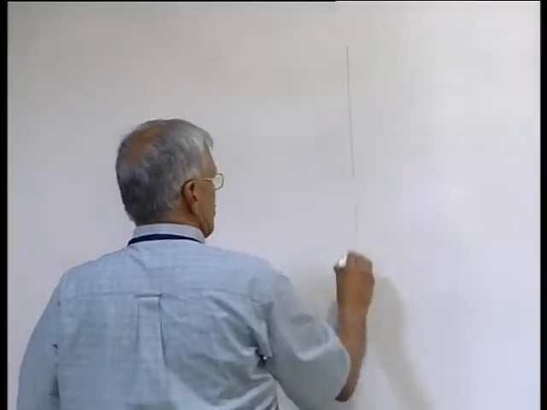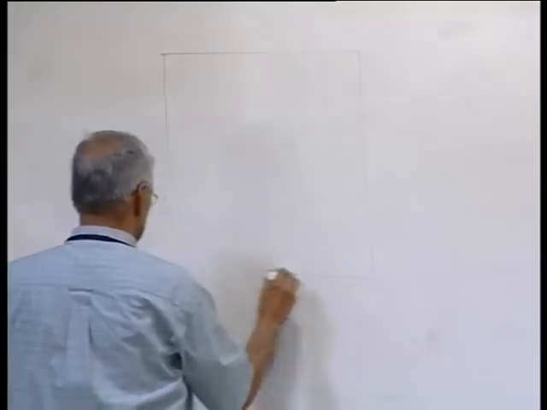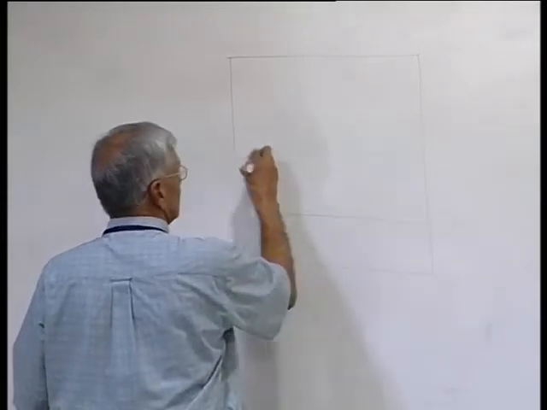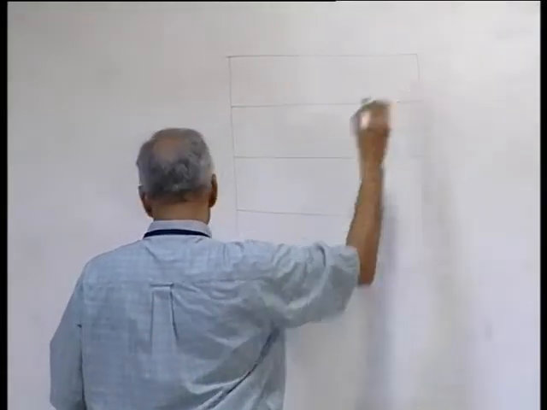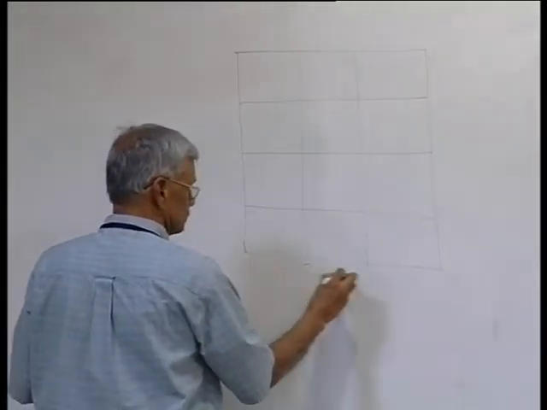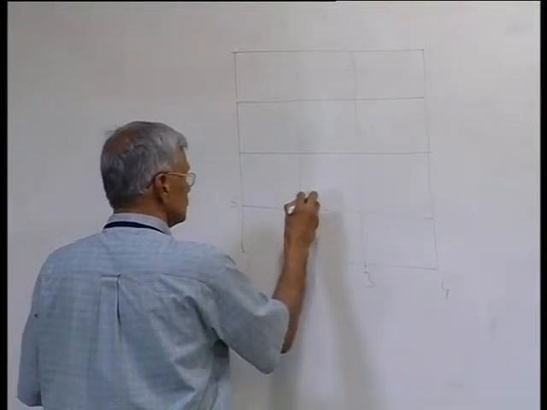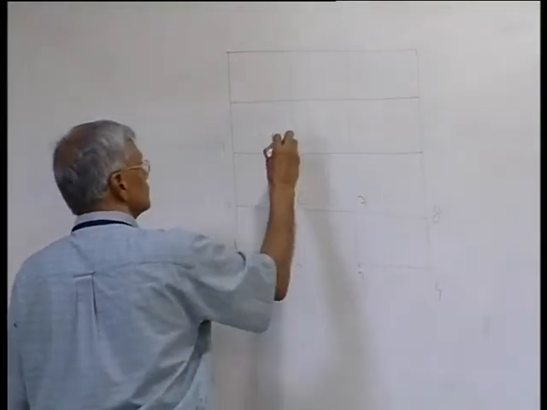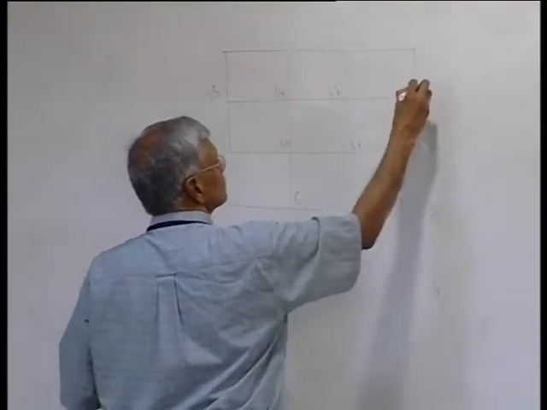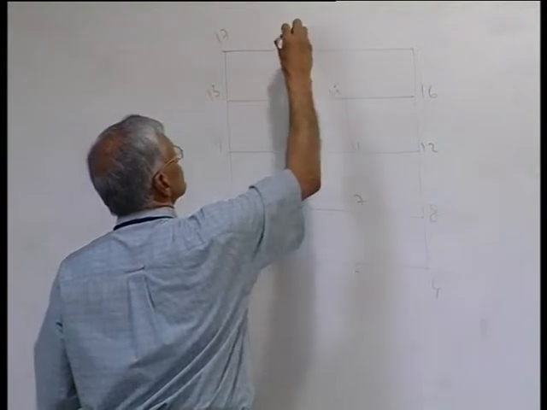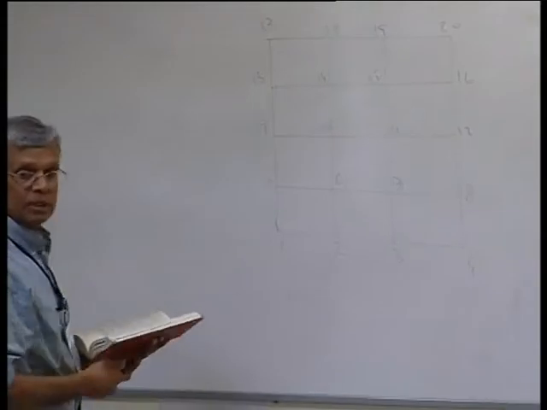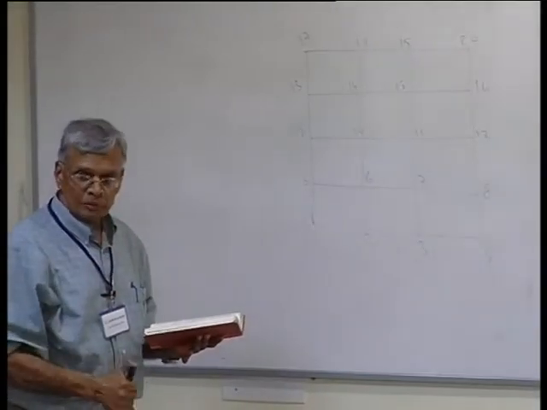So consider a domain. It's a 4x5 grid. There are 20 grid points.